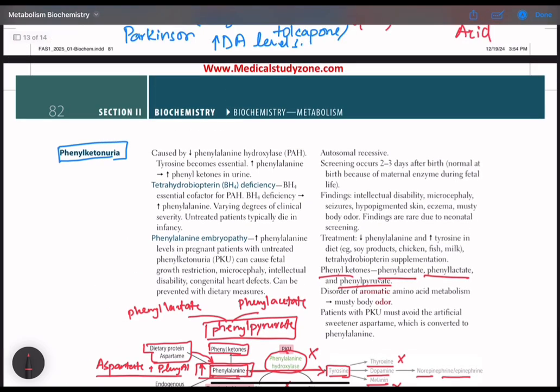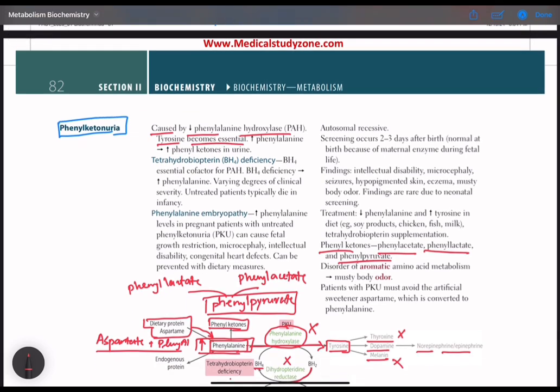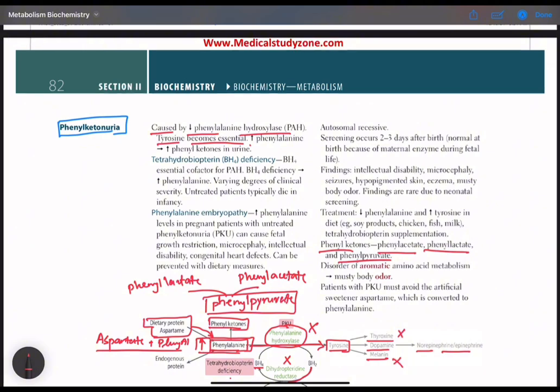So what happens in phenylketonuria? Phenylketonuria is caused by decreased phenylalanine hydroxylase, and in such conditions tyrosine becomes essential because phenylalanine cannot be converted into tyrosine. So this leads to increased phenylalanine, which is converted into phenylketones, and they appear in urine.